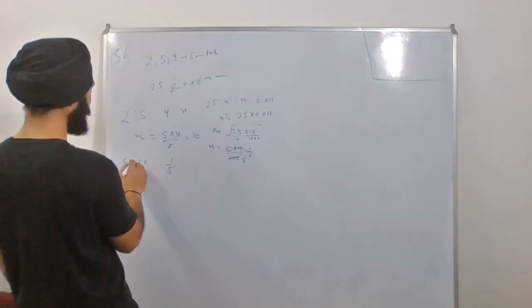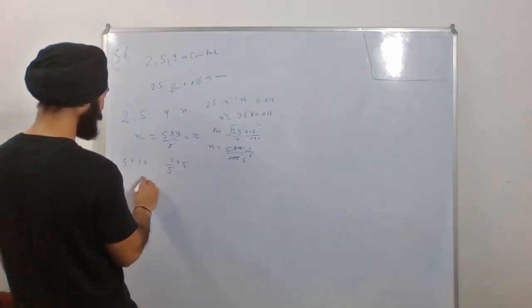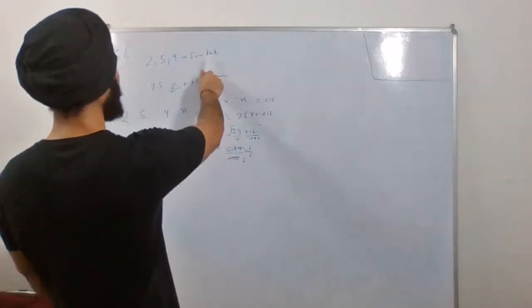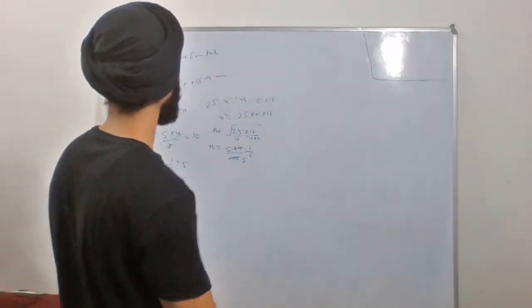Multiply by 5 on each side: 50:1. This is the required ratio of the fourth proportion and the mean proportion of these two values.